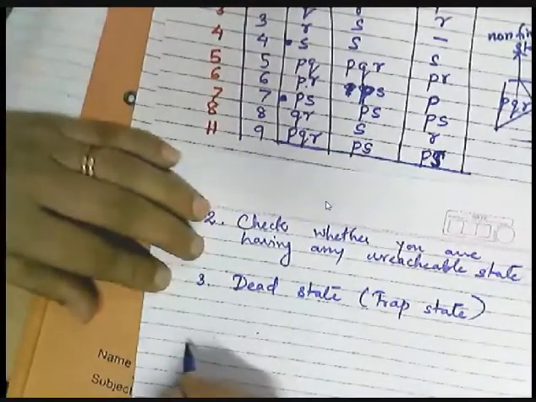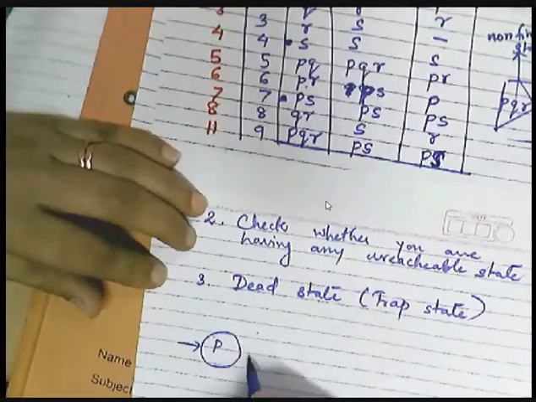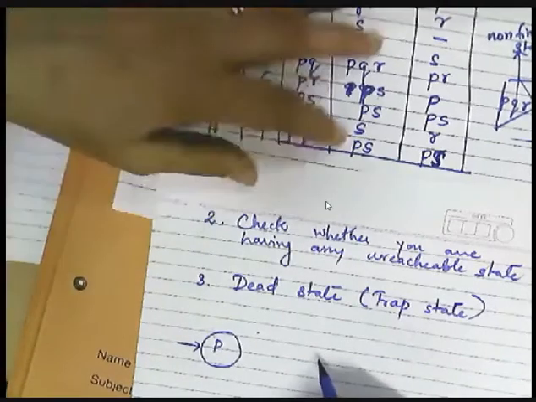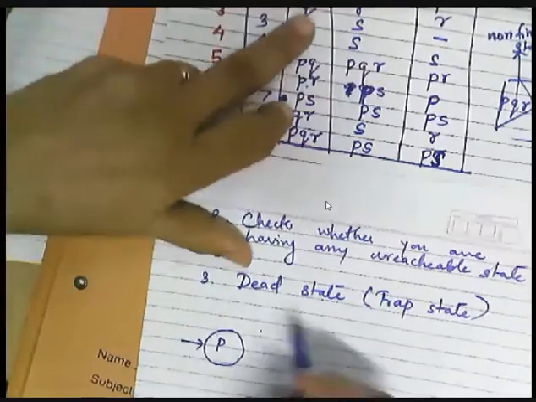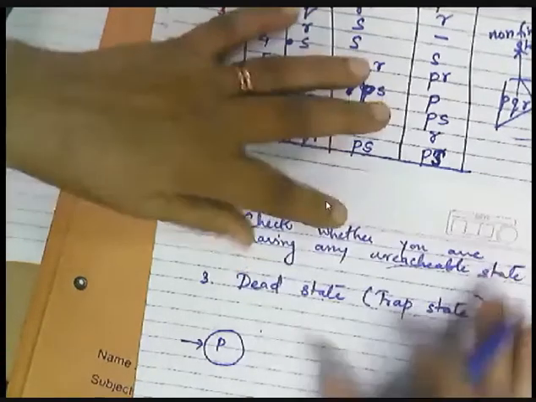So I will write here P, then let me quickly write down all this.